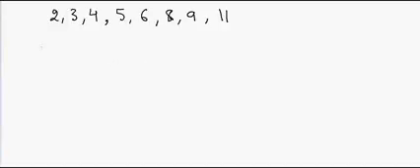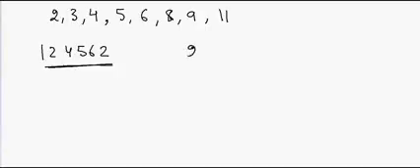Let me begin with the example. Suppose I have the number 1 2 4 5 6 2 and want to find out whether this number is divisible by 2. For this test it is very easy.